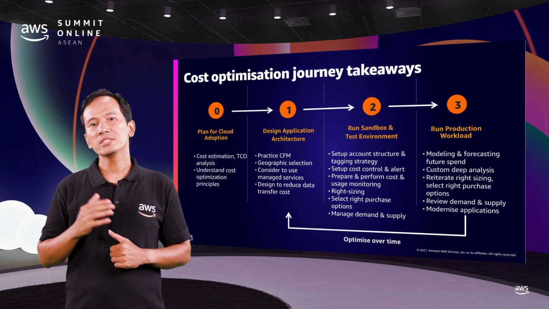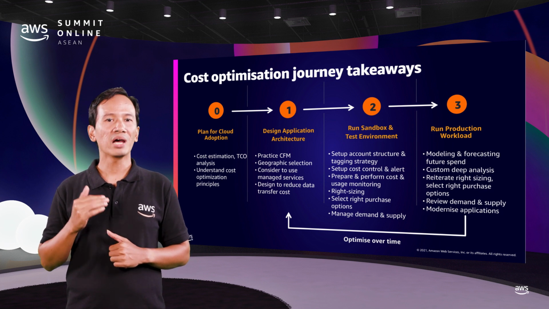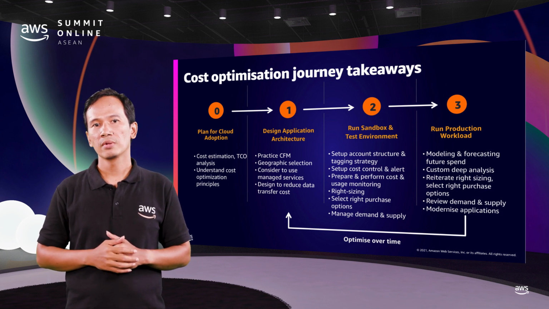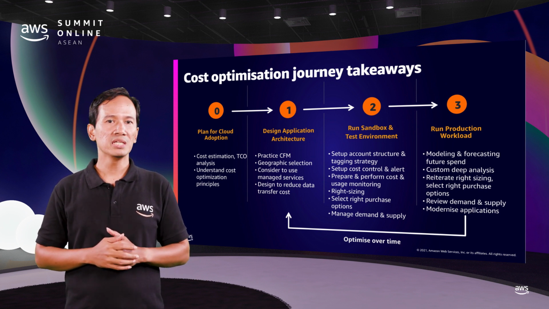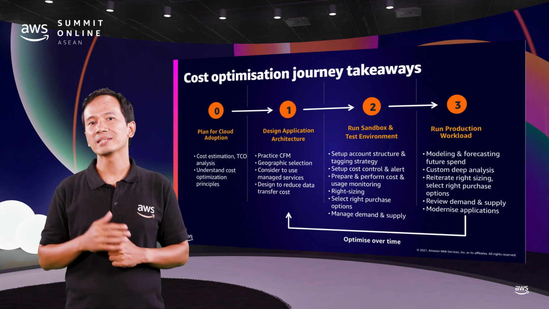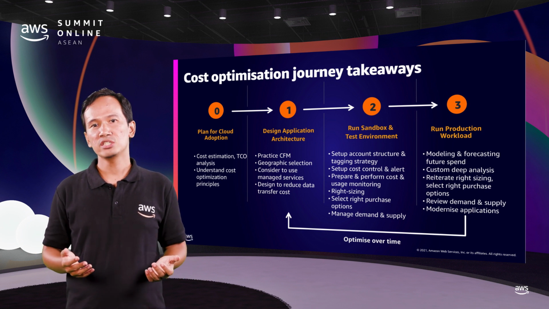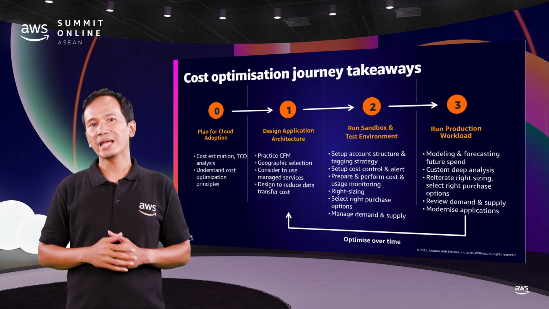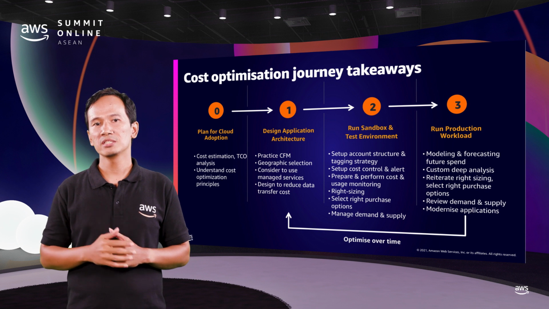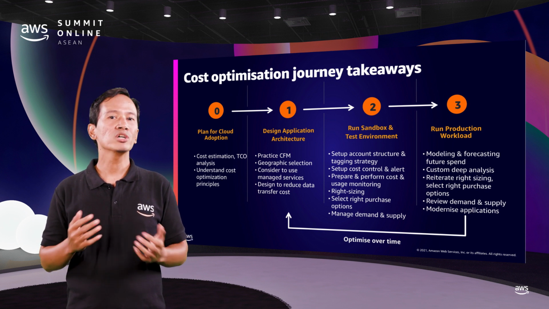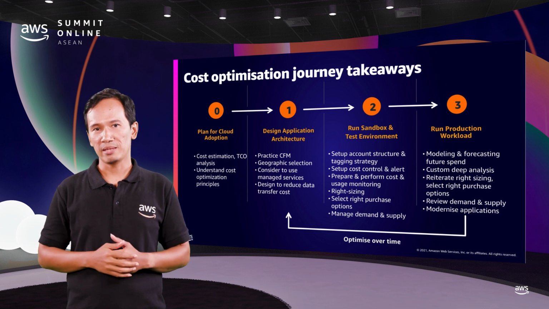Next, always think about cost of technology and trade-off when you design your application architecture. After that, set up foundation for cost optimization in your AWS account and start implementing best practices. In the last stage, do more granular and deep analysis, reiterate and tune the best practice implementation. And most importantly, don't stop there. Optimize over time.